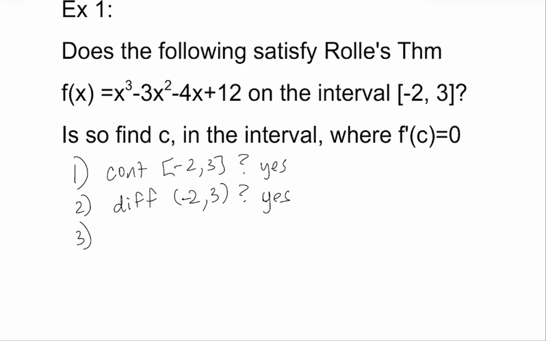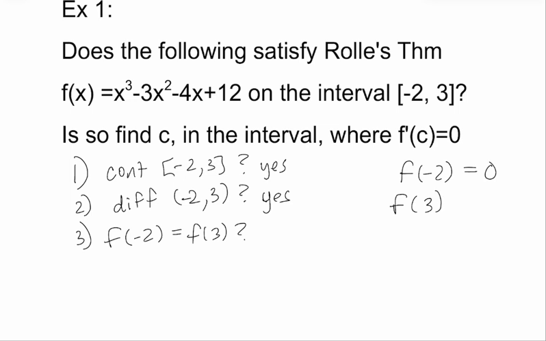The next thing you check is, are we at the same heights on the endpoints? Rolle's theorem says we have to be at the same height at the endpoints. So we have to check, is f of -2 the same as f of 3? Are they equal? Okay. Well, if you plug in -2, you get 0.